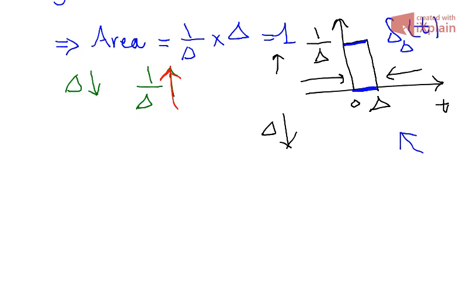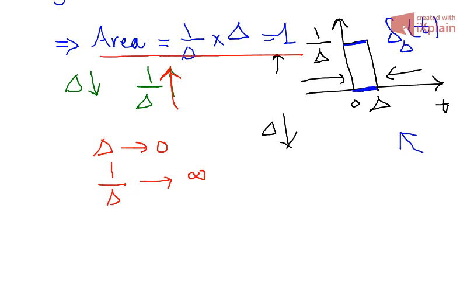The height would increase. And when delta approaches 0, the height 1 over delta approaches infinity. But the area of this function is still unity, 1 unit.